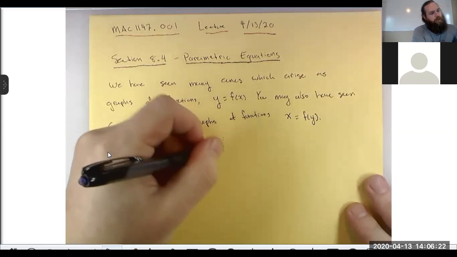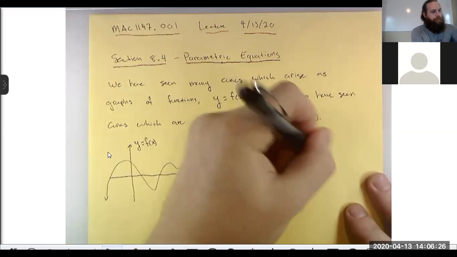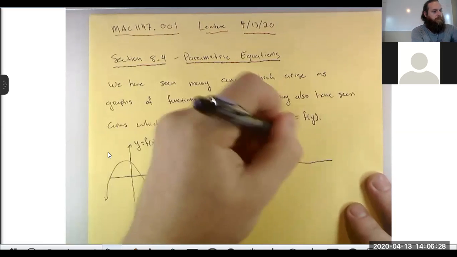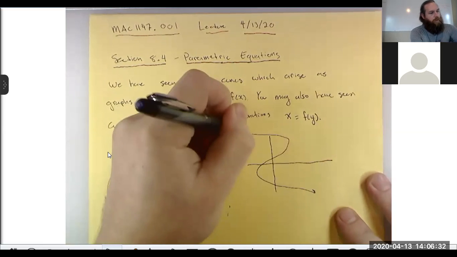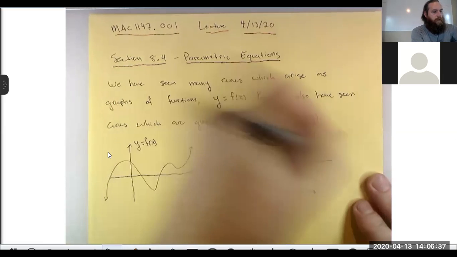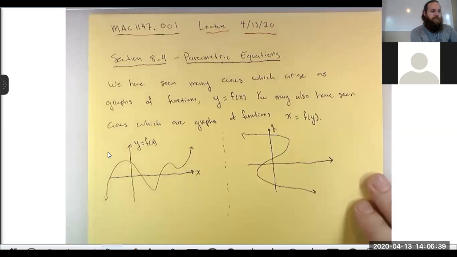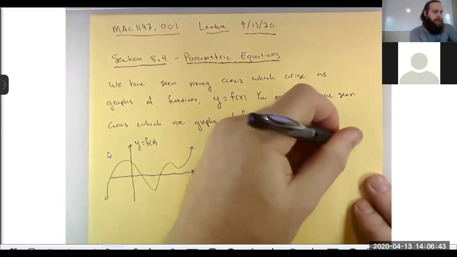On the other hand, there are also things like this that definitely don't pass the vertical line test. But if you turn your head sideways, they do. So here, x is a function of y.